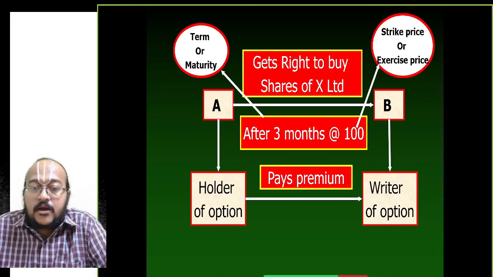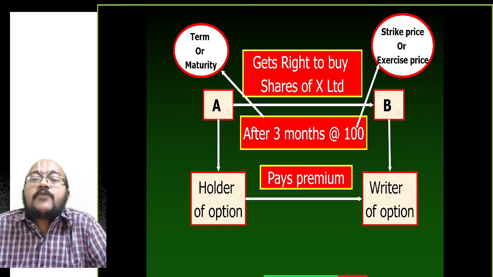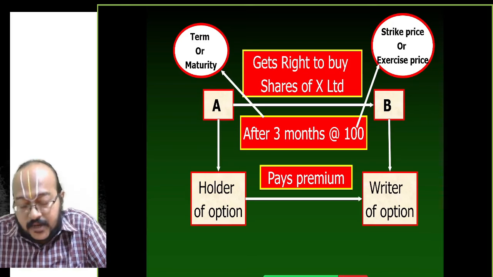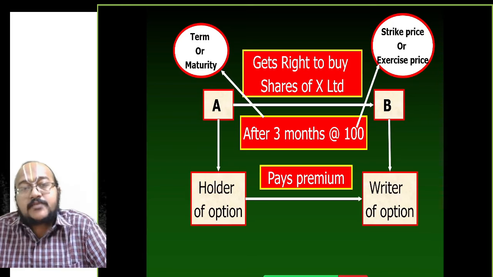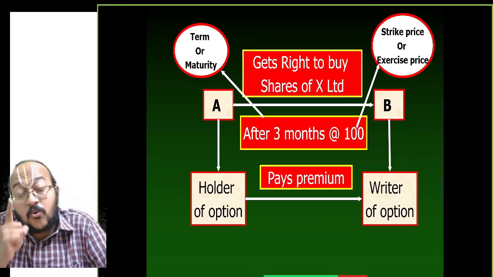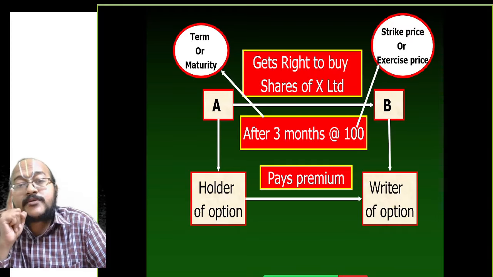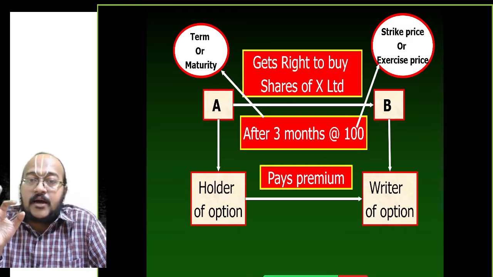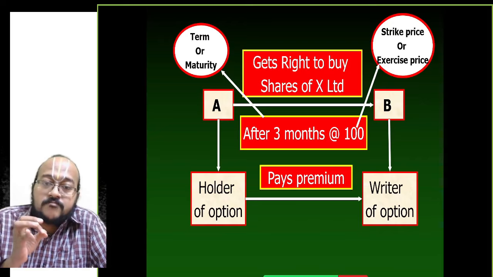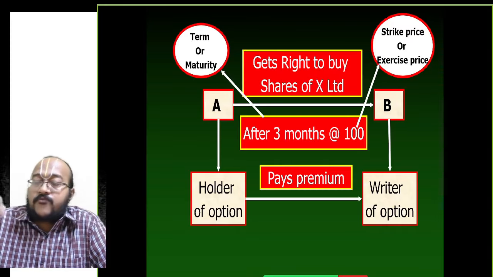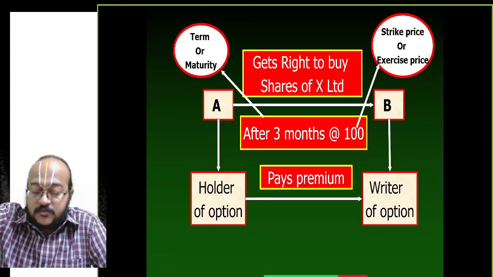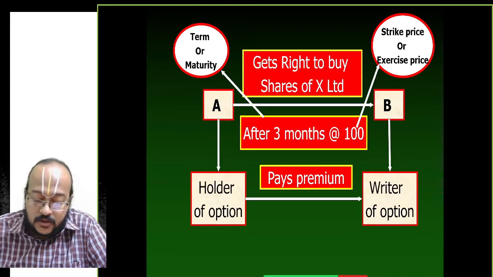The call holder or call buyer has the right to buy the shares, correct? Who is B? B is the option seller who has the obligation to sell the shares, correct? And B charges some premium to insure A from the risk of a price rise. This much clear? Now come to the next discussion.